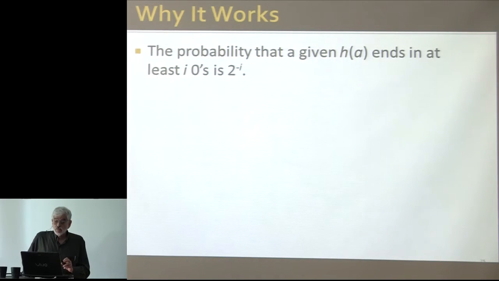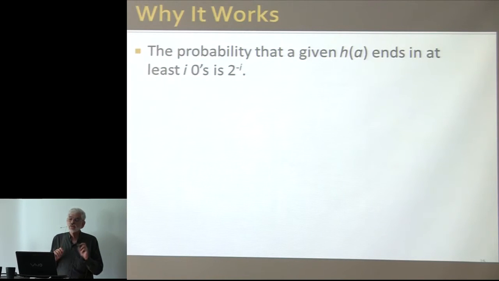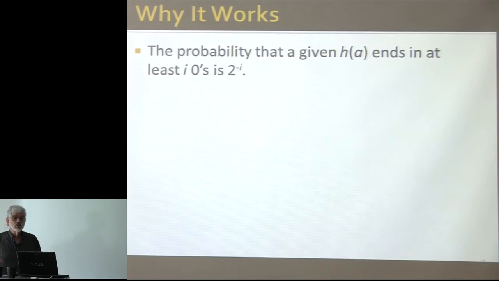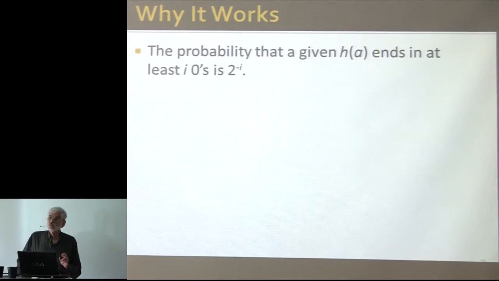Look at it this way. The probability that some random bit string h of a ends in at least i zeros is 2 to the minus i.